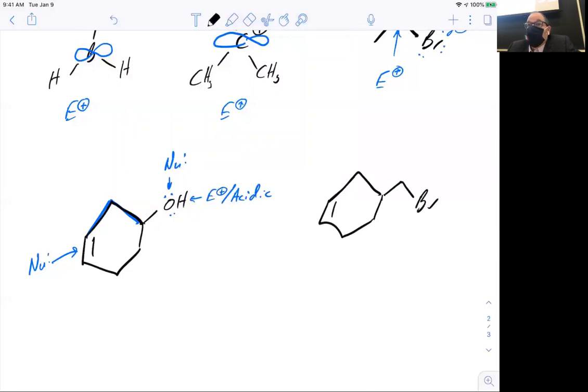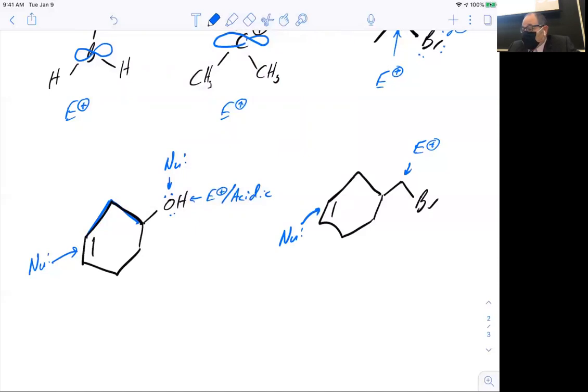So if we had a molecule like this, that is a nucleophile. That position is electrophilic. It does not react with itself because of the relative electrophilicity and nucleophilicity of the two groups.